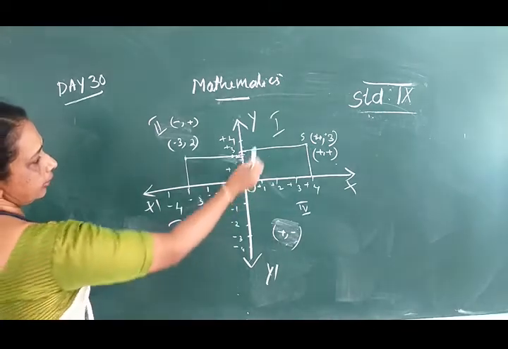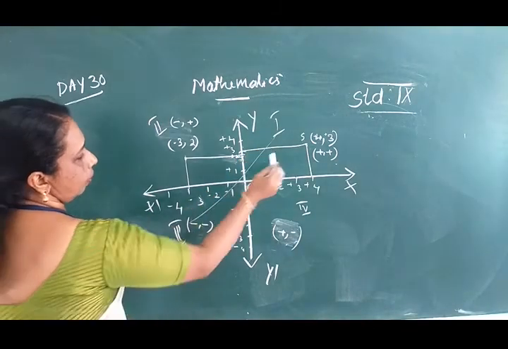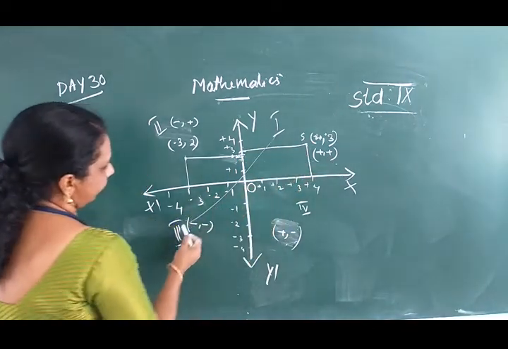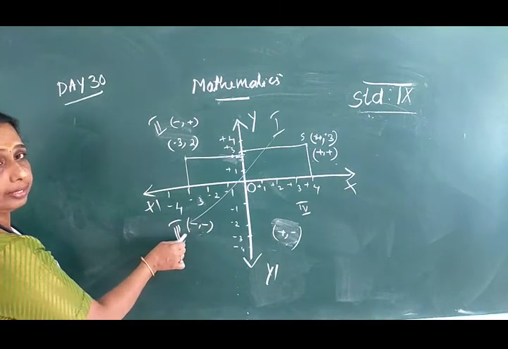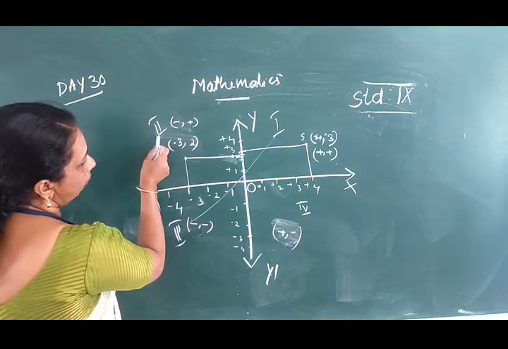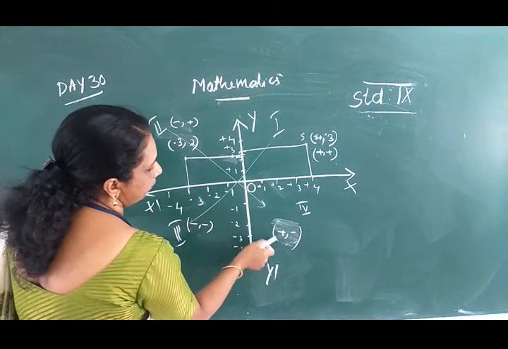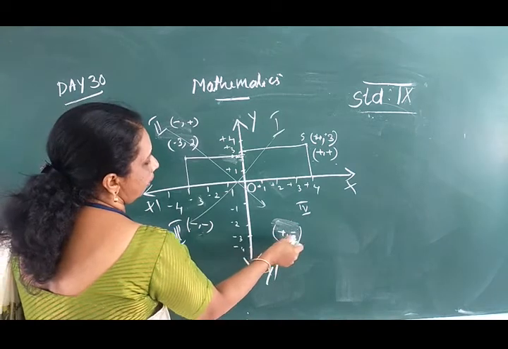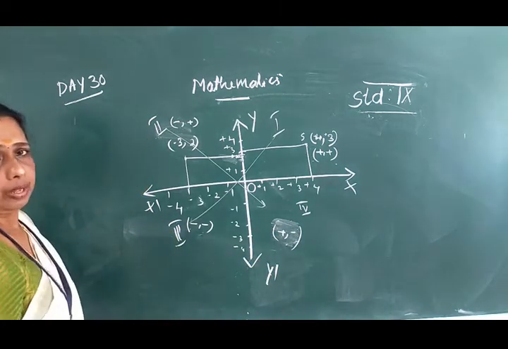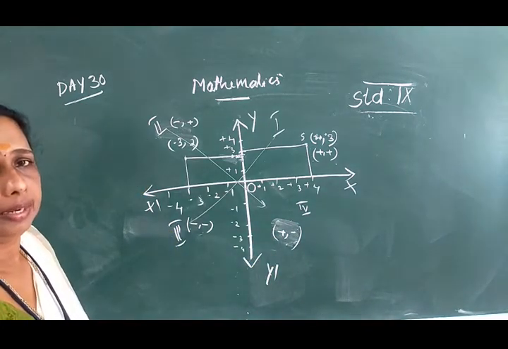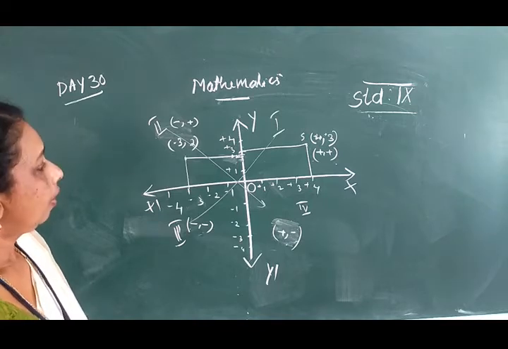Here looking first and third quadrant. First quadrant both coordinates are positive and third quadrant both coordinates are negative. And in the second quadrant, x coordinate negative, y coordinate positive. It's opposite here. Look here, x coordinate positive and y coordinate negative. This way we can put the sign in the coordinates.